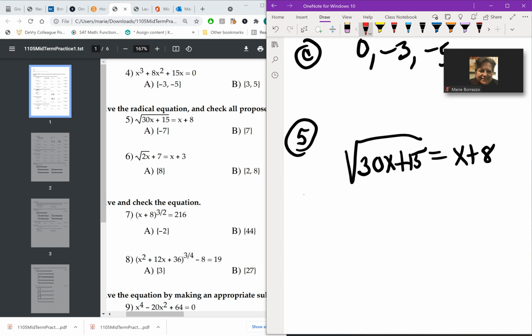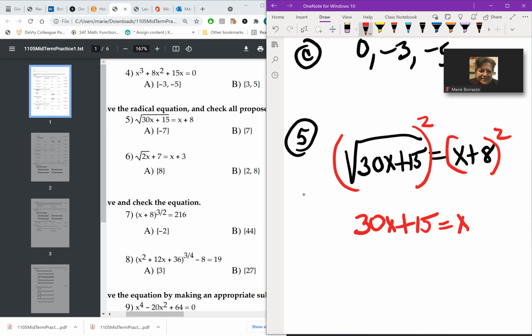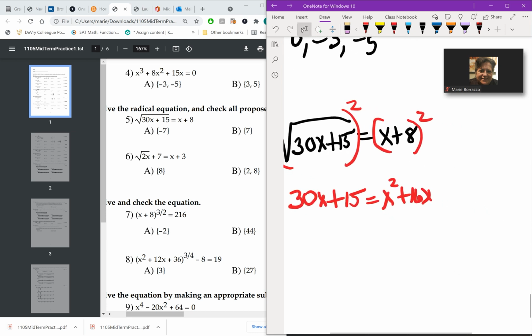Obviously I need to free up the 30x plus 15, so I have to take the square on both sides. So I'll square both sides. This leaves me just the 30x plus 15, and this is now equal to x squared plus 16x plus 64.